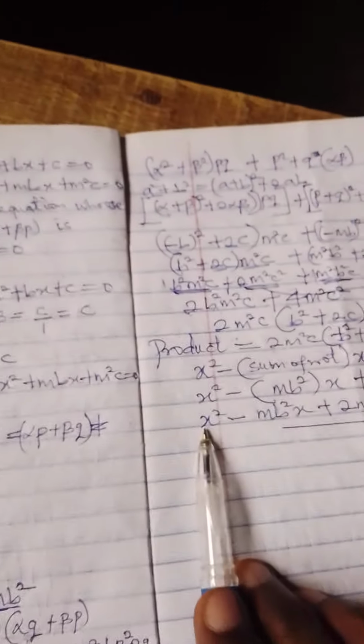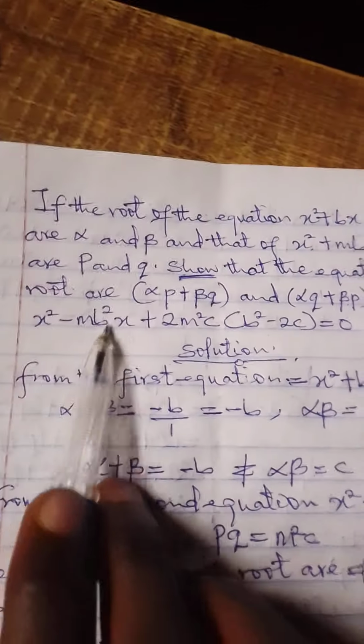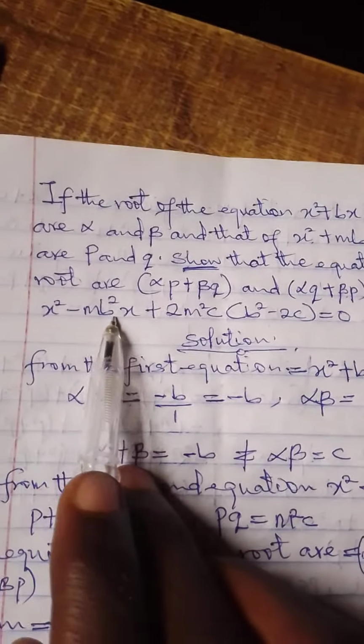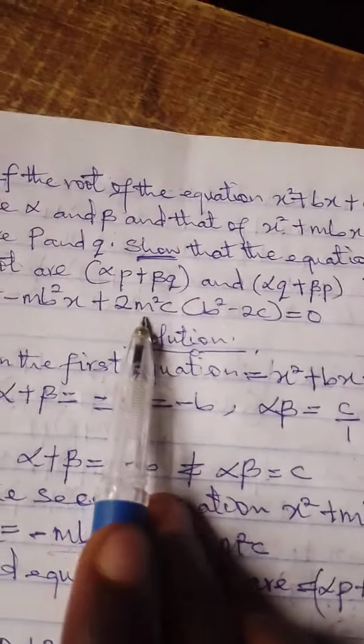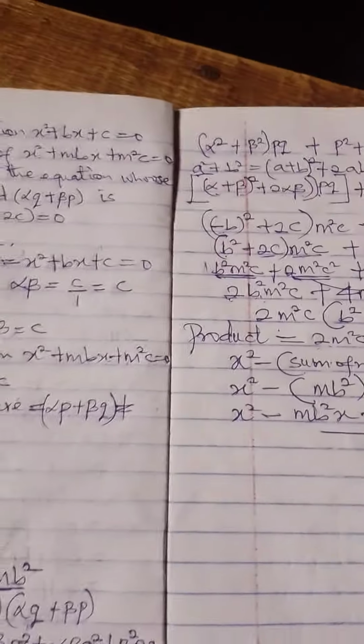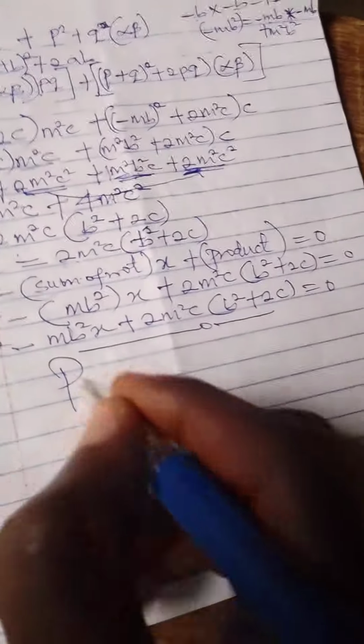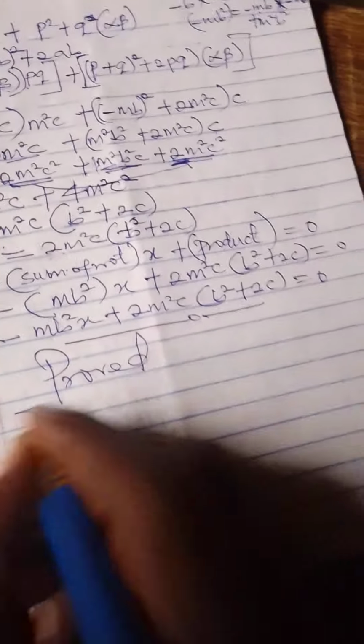We also have x square. We have minus mb square x. We have minus mb square x plus 2m square c. 2m square c. This is it. You can see that it's correct. Proved. This is your final answer.